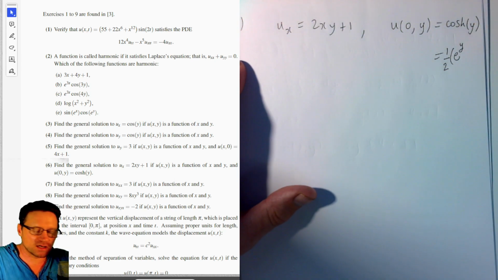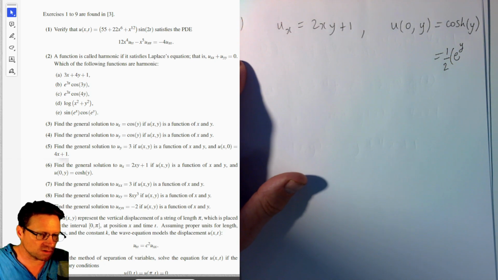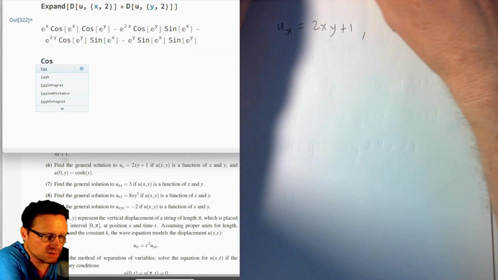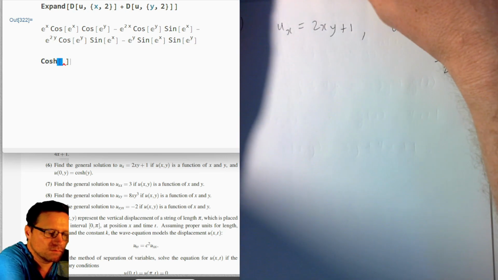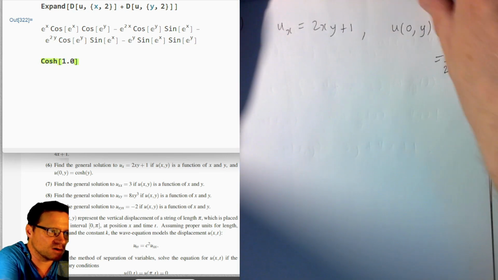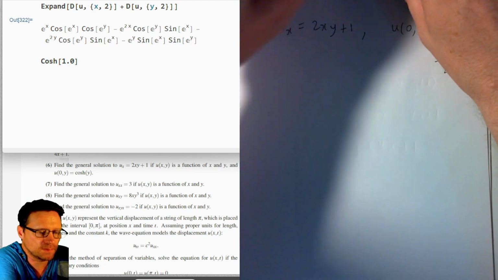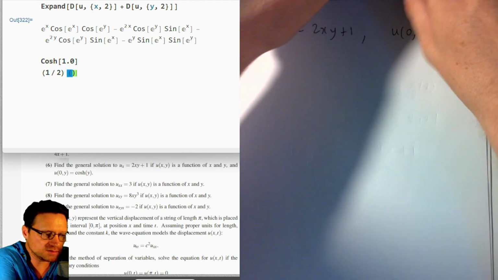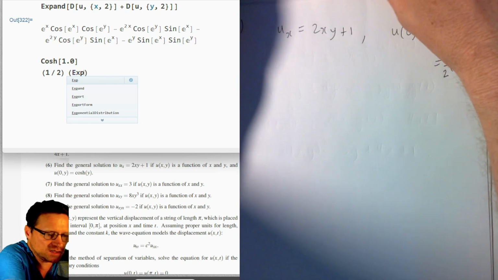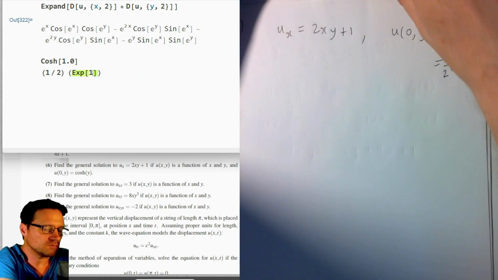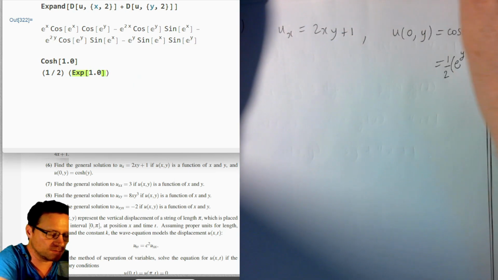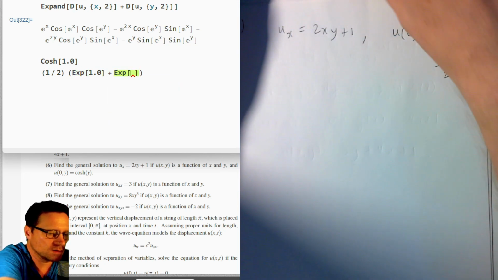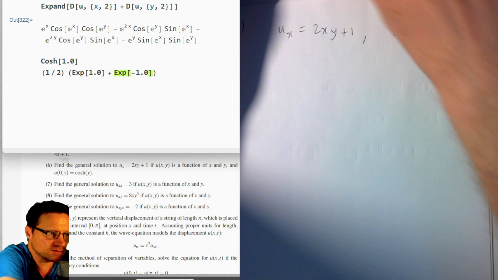I'll open up Mathematica and get a reminder on what cosh is by putting in cosh of 1.0 and comparing that to 1/2 brackets exp 1.0 plus exp minus 1.0.